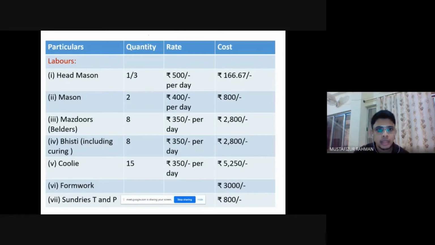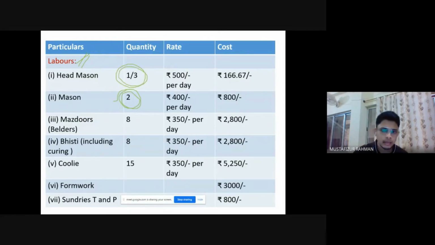Now in that task or work done, we saw that one mason can do around 5 cubic meters of PCC work per day. So definitely we will need two masons. And then to oversee this work, we require 1/3 of a head mason.